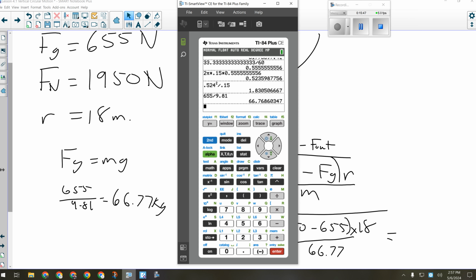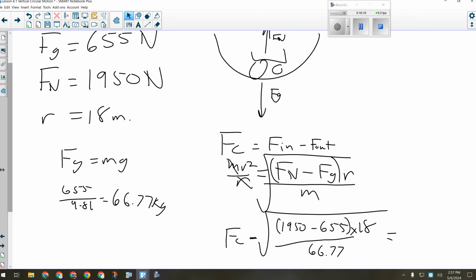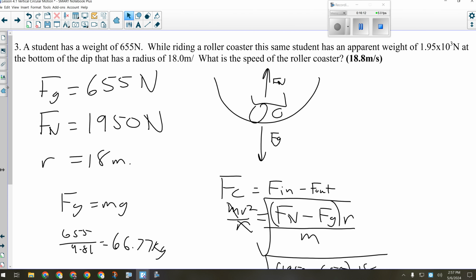So 1,950 minus 655 times 18, divided by that number there, and then I'll square root that. 18.7 meters per second would be my necessary speed. I don't know why I got 18.7. Did I misread?